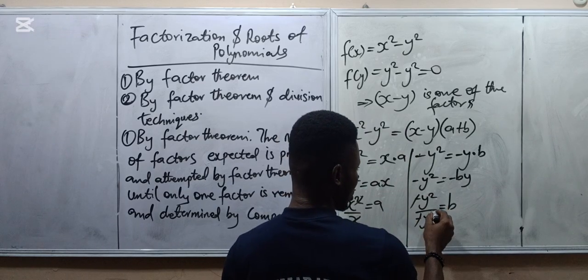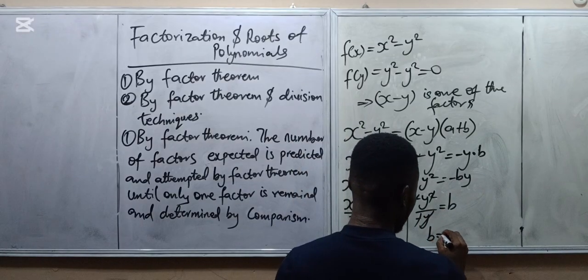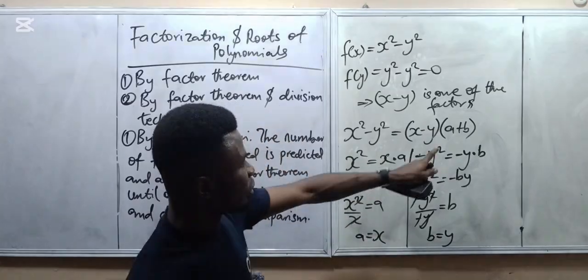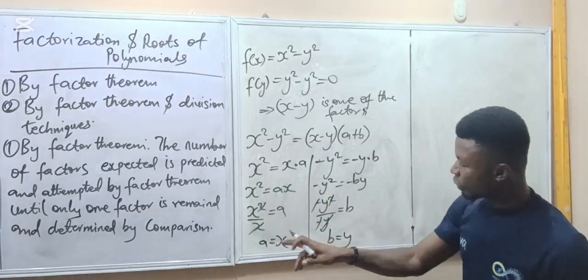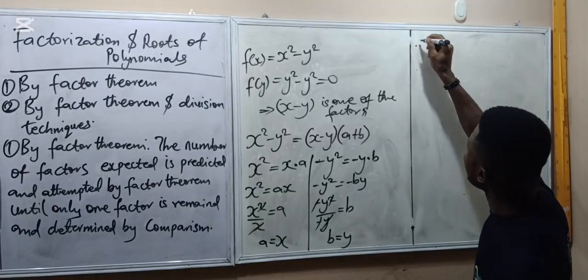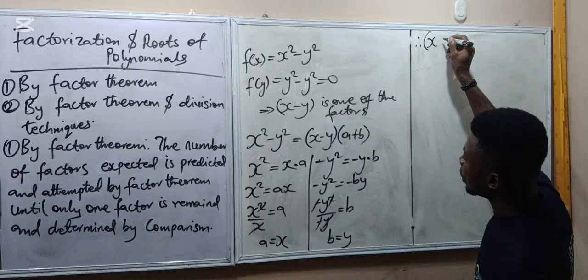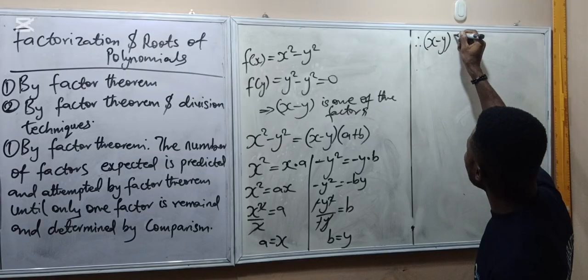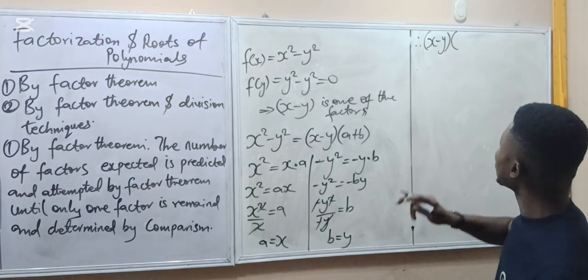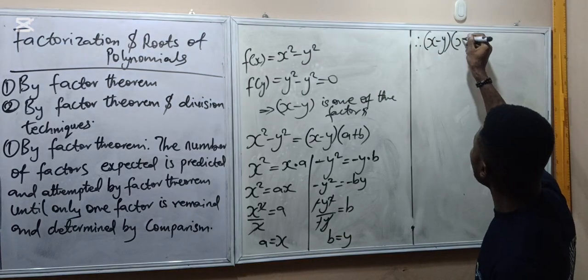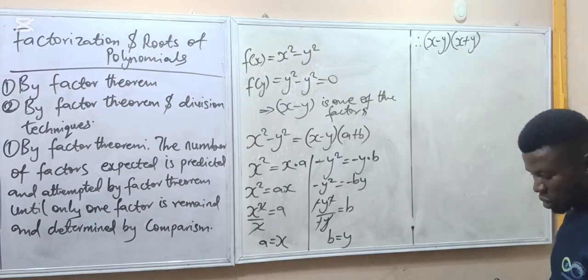Minus cancels minus, y cancels one of the y's, and we're left with one y. It means that b is equal to y. You see, we've gotten the values of both a and b. Since we've gotten a and b, therefore, the two factors we are looking for are x minus y and x plus y. So these are the two factors we are looking for.